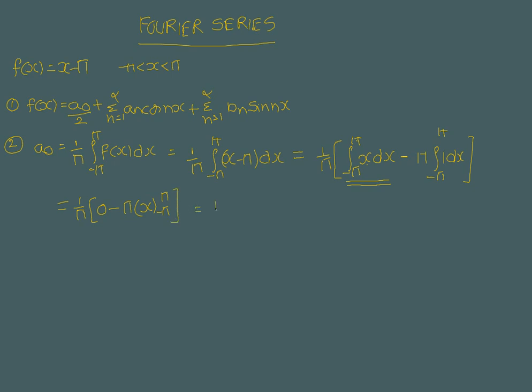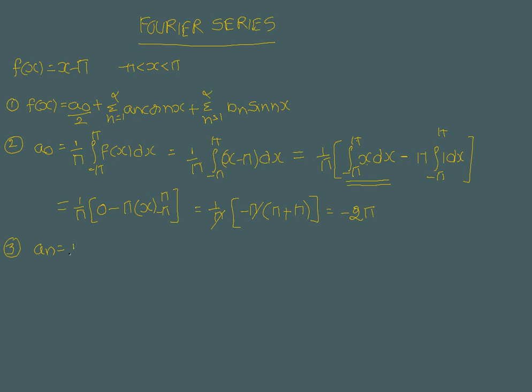That is 1/π times (−π)(π + π). The π will cancel, and we are left with −2π. This is the a₀ value. Next we are going to find the aₙ value.